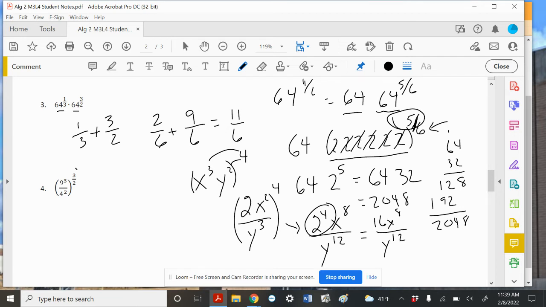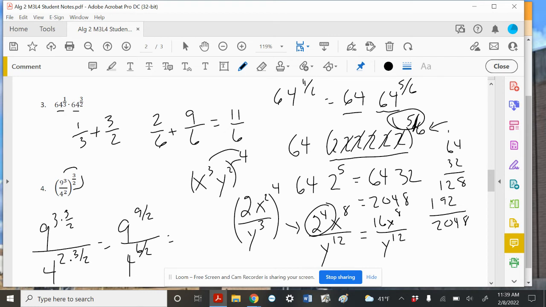So now what I'm doing is I'm going to distribute this through to both of the terms. So I have 9 to the 3rd times 3 over 2, divided by 4 squared times 3 over 2. And that means that I have 9 to the 9/2 over 4 to the 6/2.